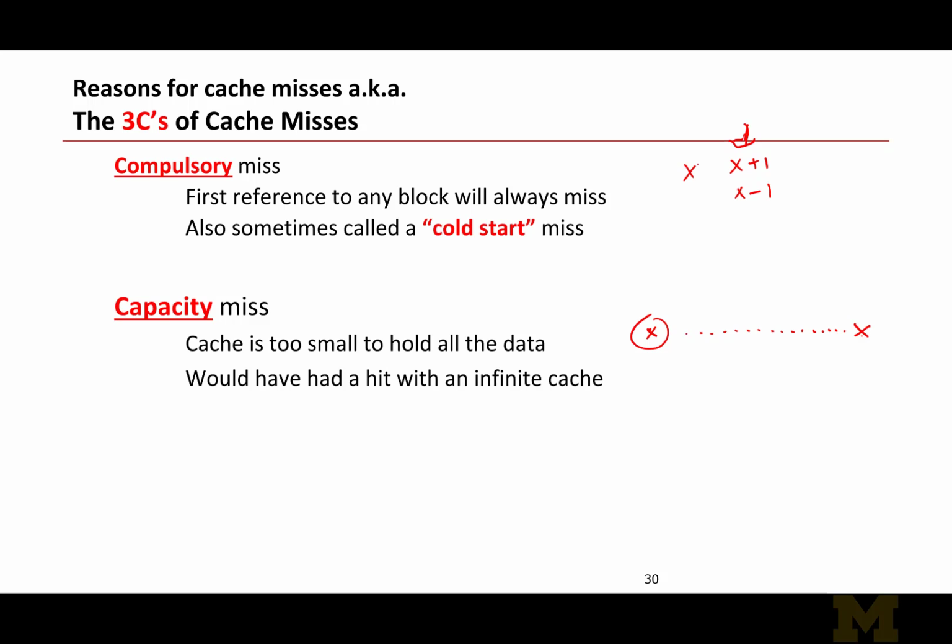This miss is called the capacity miss, because if I had a cache that was large enough to store all these cache blocks, then I could have avoided this cache miss.